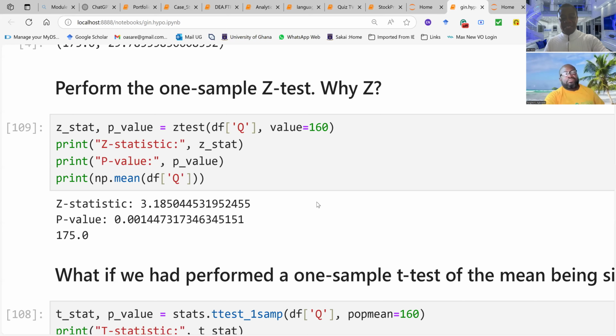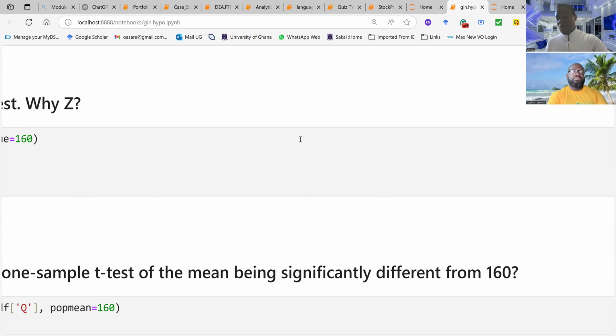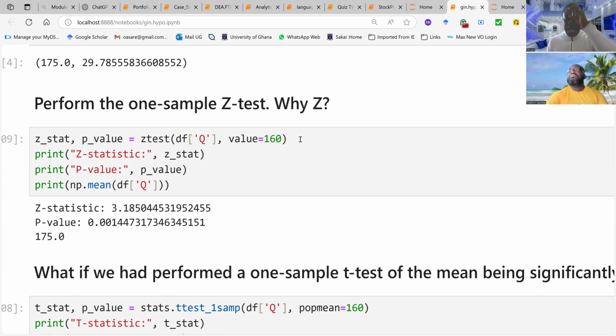That is it. What if we had performed a one sample t-test instead of a Z? Well, I'm bringing this command here, not because that is exactly what we got to do, but because if you ever need to do the t-test, then you also know that this is how you write it. Watch it.